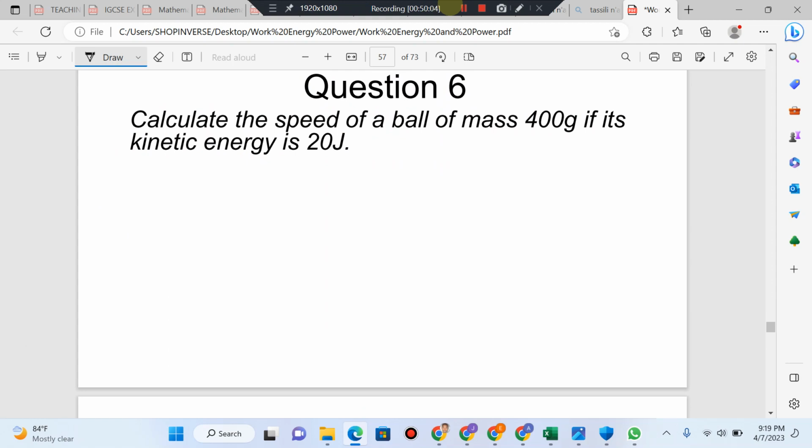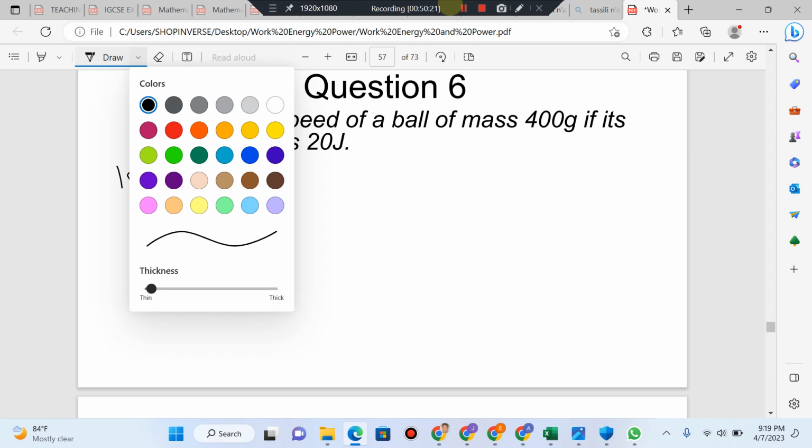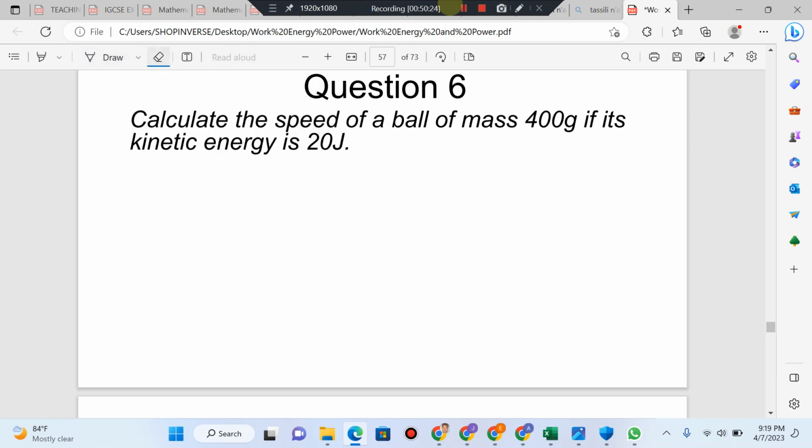Question 6. Calculate the speed of a ball of mass 400 grams if its kinetic energy is 20 joules. Of course, you can solve this. Use the same formula, kinetic energy.